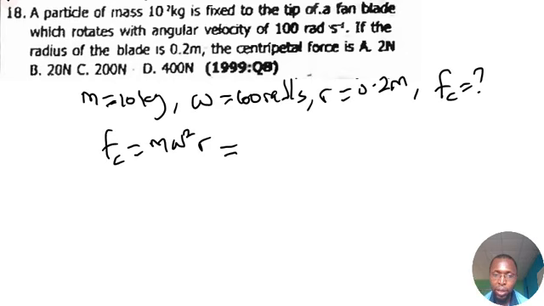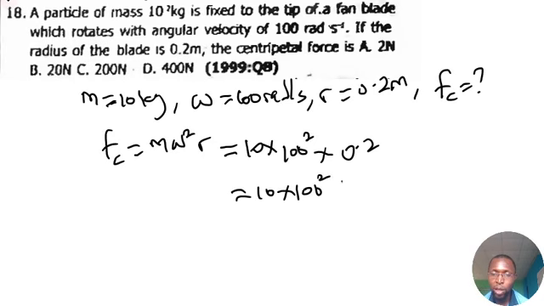So our m is 10 times our omega is 100 squared, then times our R is 0.2. Now 0.2 means 1 over 5. So this is 10 times 100 squared times 1 over 5, right? So 5 into 10 is 2.